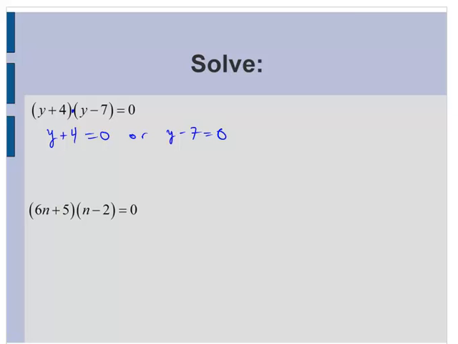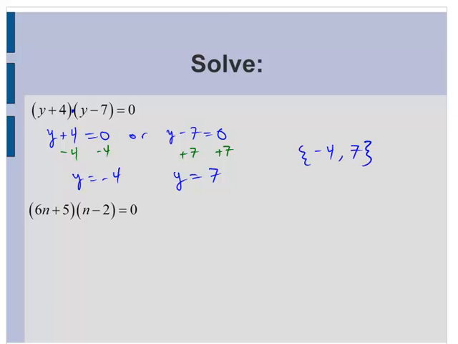Now if y plus 4 equals 0, then subtracting 4, y would equal negative 4. If y minus 7 equals 0, then adding 7, y would equal 7. So the solution set would be negative 4 and 7.